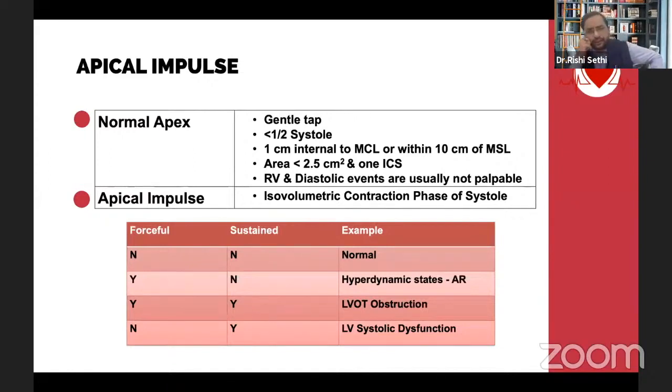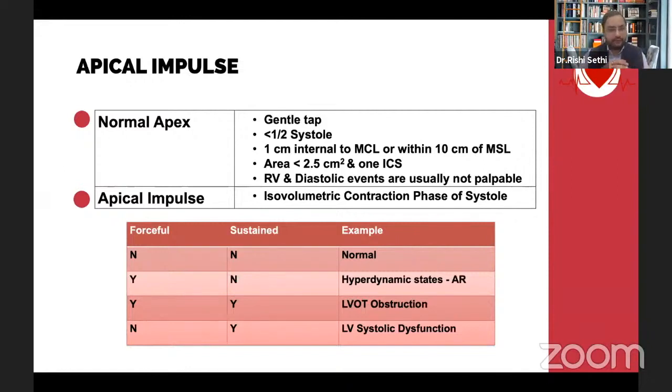So this table below is very important because many times we have students who fumble here. When you combine force and sustenance, there are four possible combinations. If it's a not forceful, not sustained apex, then that's the normal apex.